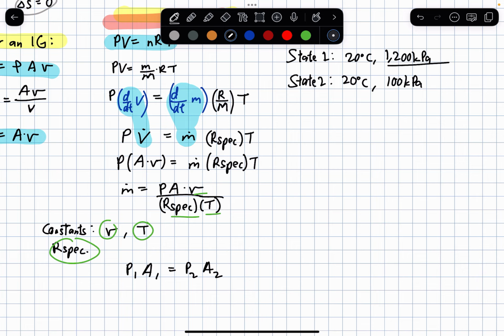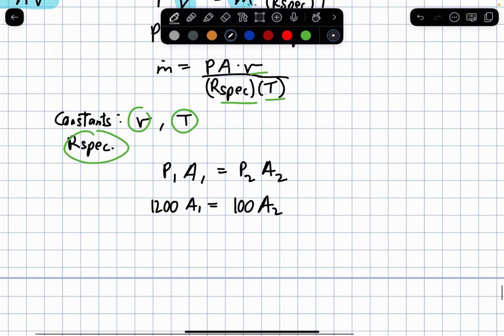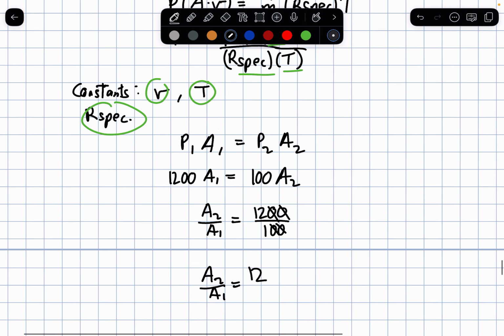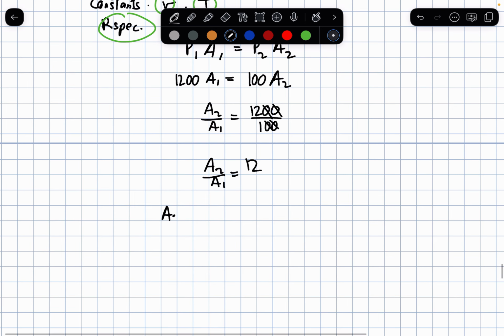So what are the conditions? Pressure 1 is 1,200 kPa, and then A1. P2 is 100 kPa, and then A2. A2 is the exit, no? A2 over A1 equals 1,200 over 100. Cancel the zeros, we have 12. Can we recall the formulas earlier?